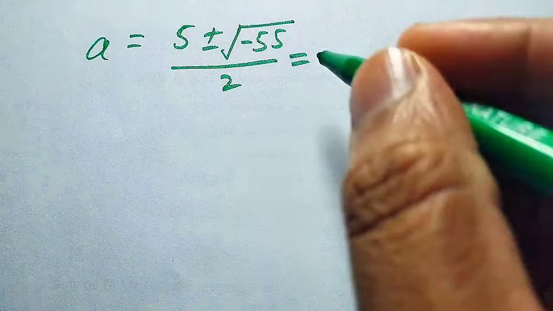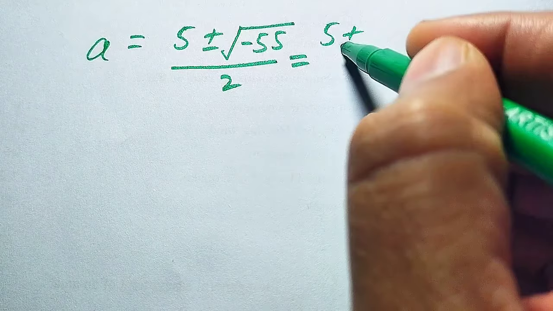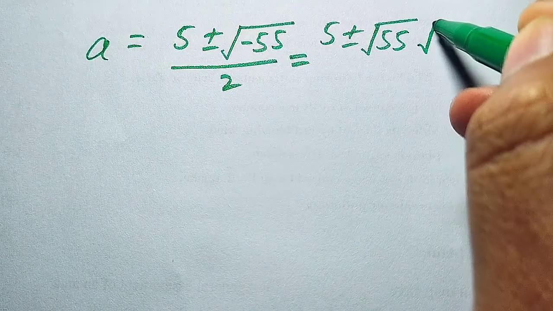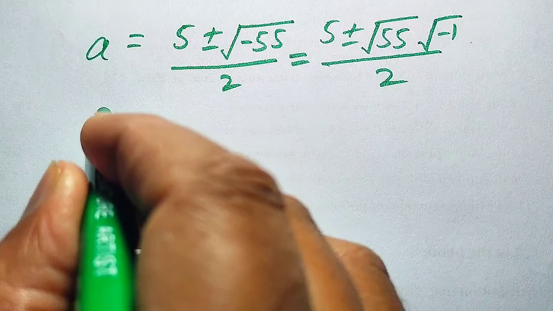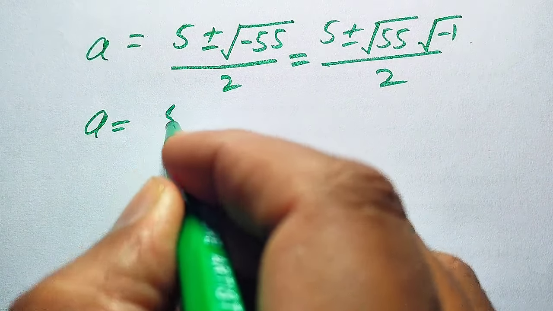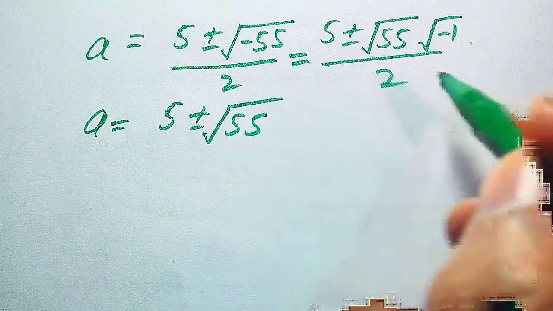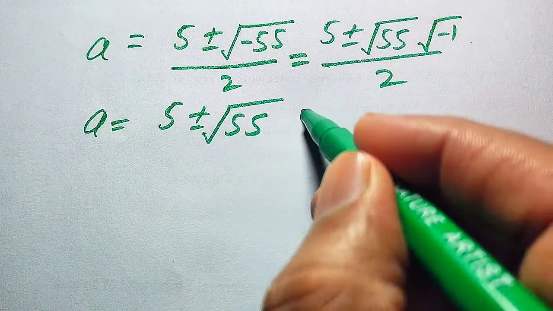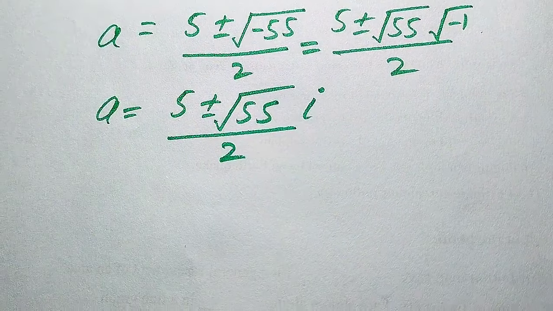So here we need to apply square root separately on both of these values, and it will be written as 5 plus minus square root of 55 into square root of -1 divided by 2. And we will obtain here 5 plus minus square root of 55 into, here we know that when we apply square root on a negative sign, it becomes iota, and it is divided by 2.